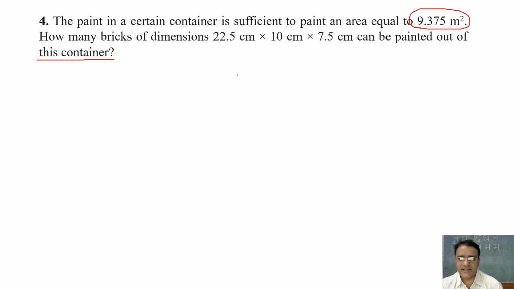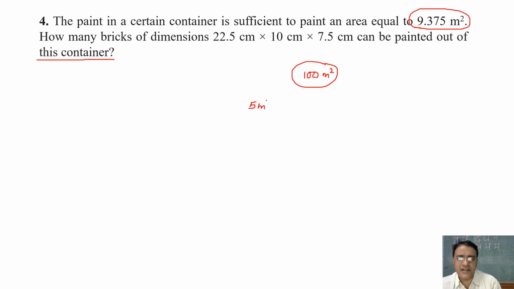Okay, I will give one example. Suppose I can paint 100 meter square with the paint I have. मैं बहुत बड़ा बड़ा बॉक्स को पेंट कर रहा हूँ. I am painting big boxes and I can paint total 100 meter square and the total area of box is 5 meter square.